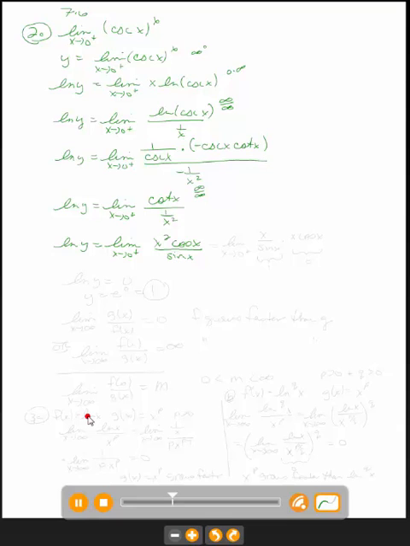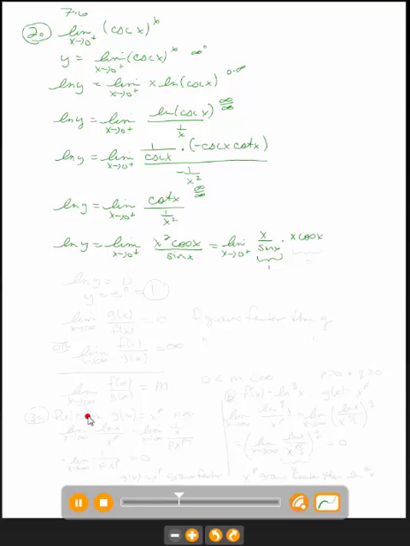But we had this nice little rule that said the limit as x approaches 0 of x over the sine of x is 1. So I'm going to split this up a little bit and make it x over sine of x times x cosine of x.